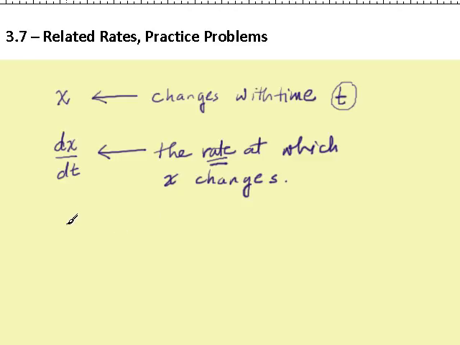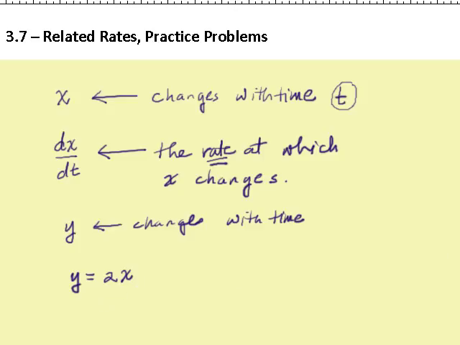Now let's suppose we have another variable y, and let's say y also changes with time. And let's suppose x and y are related to one another. Let's suppose that y is equal to 2x. So they're related by this little equation. If these variables are related, then their rates are also related.